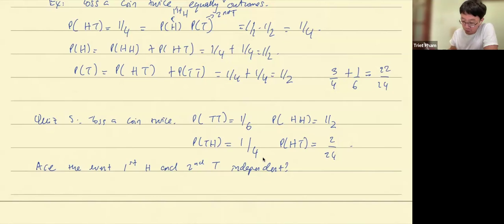All right. So what's the conclusion? So first head and second tail, P head tail is 2/24, right?